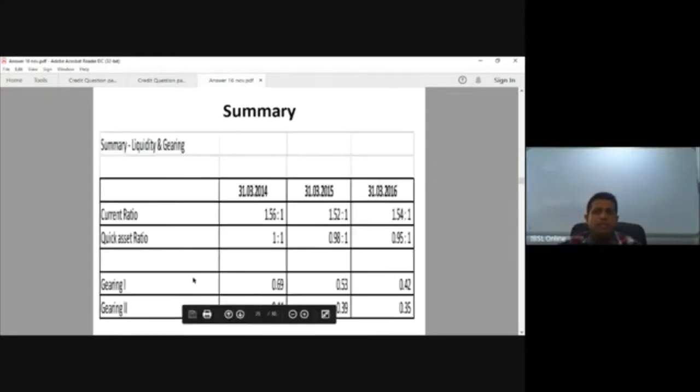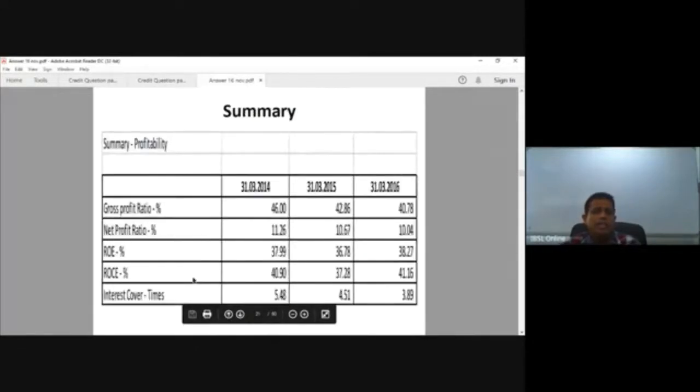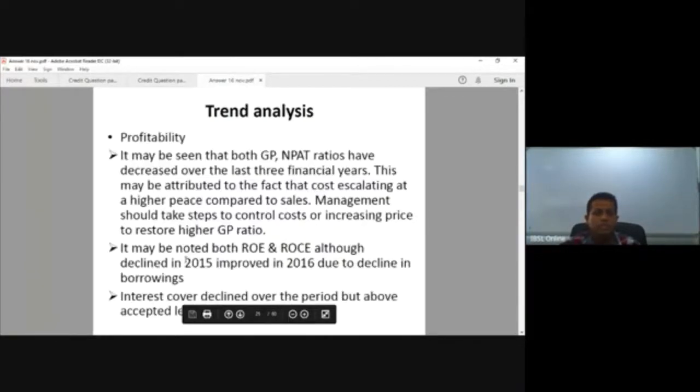Now, if I go to that here, ROE and ROCE, there was some decline in 2015, but it has increased. That is a good trend. Therefore, no need to worry about those two ratios.